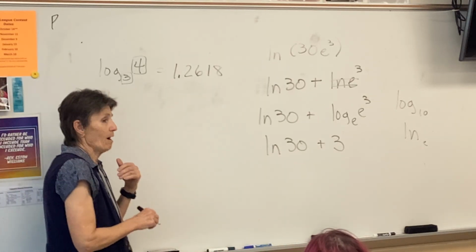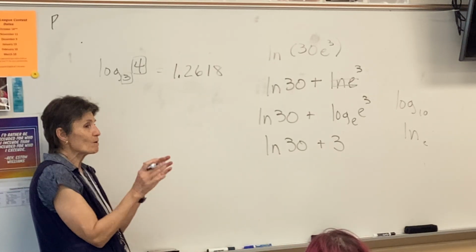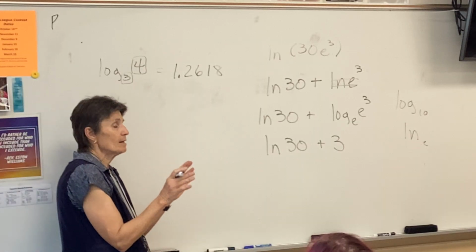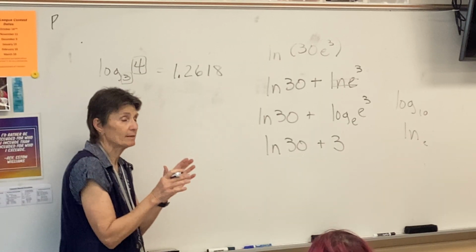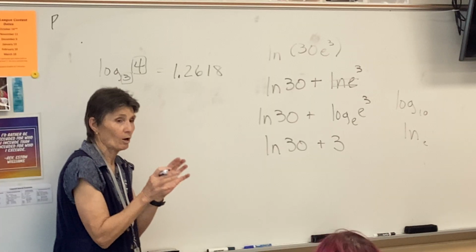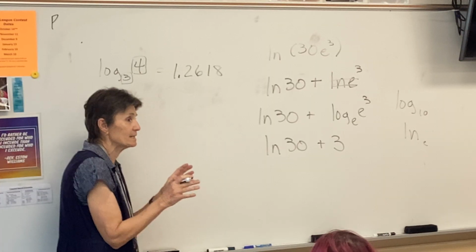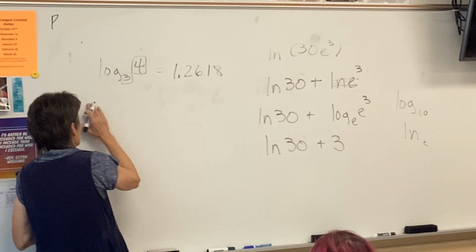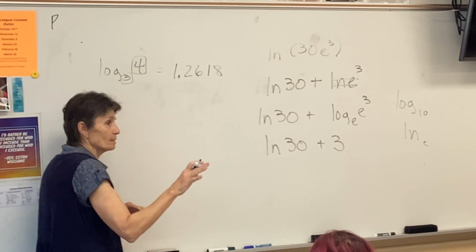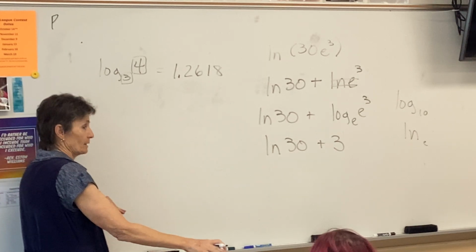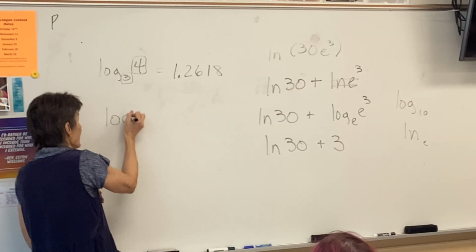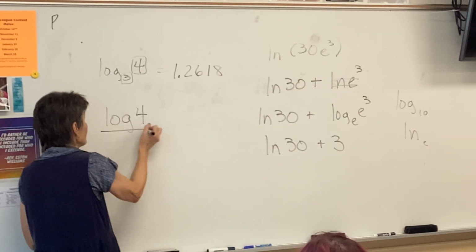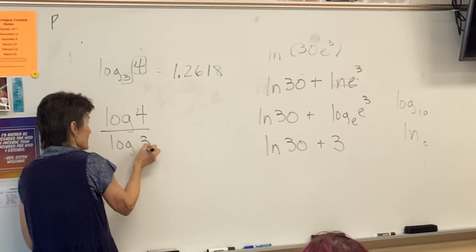All right, now, I want everybody to do something with me. Those of you with the skinny calculators will never have to do this again, but I want everybody to walk through it with me. It's really, really easy. A way that you can use the regular buttons on the calculator to evaluate this is to think of it as log 4 over log 3.